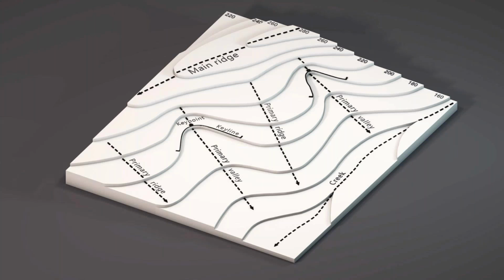So this is one of the images that originally is found, I think, in the City Forest book by Yeomans. I just converted it into 3D to help understand some of these terms.